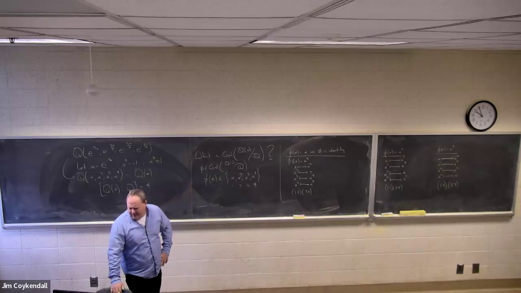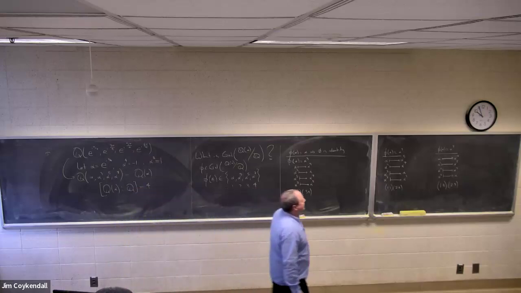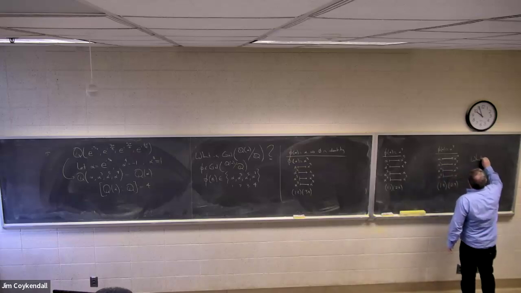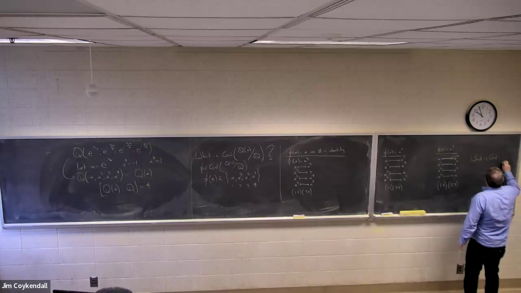Okay, anybody okay with that? So I will leave you with 2 questions. What is the Galois group for Q alpha over Q(i)?